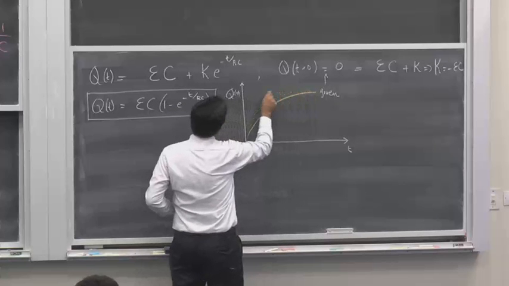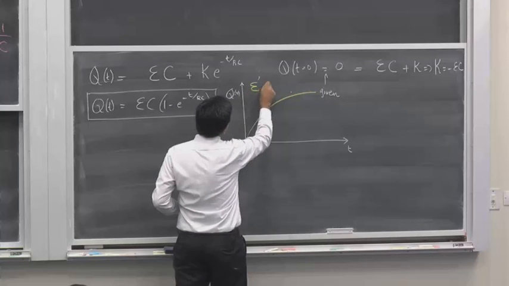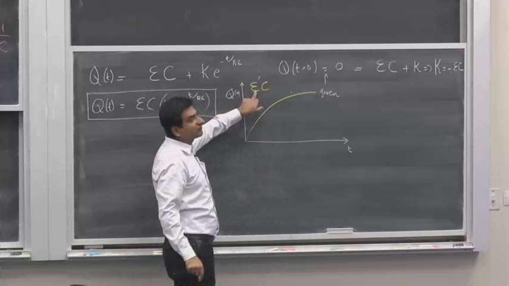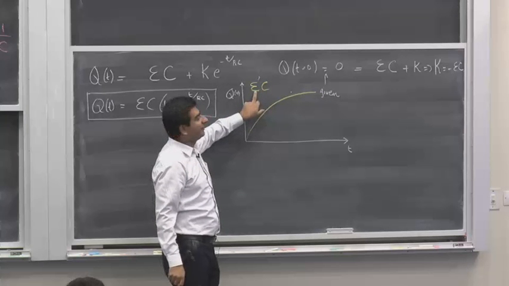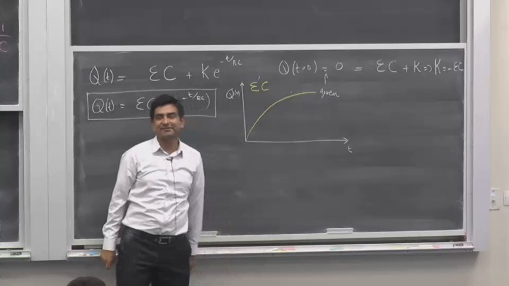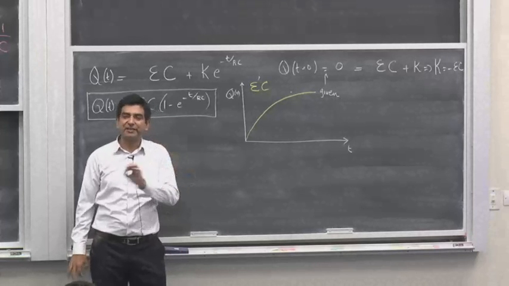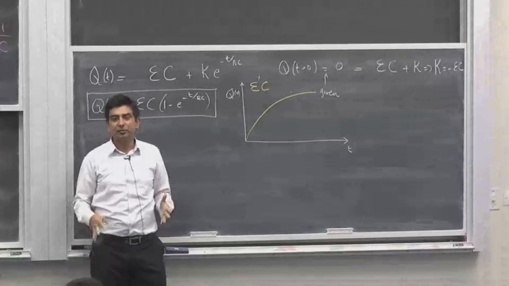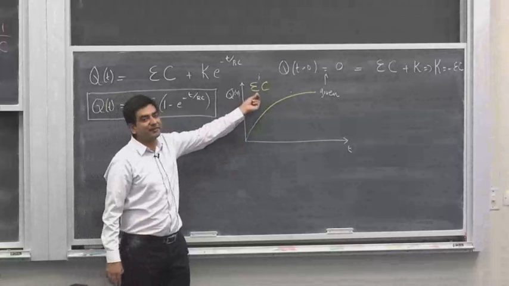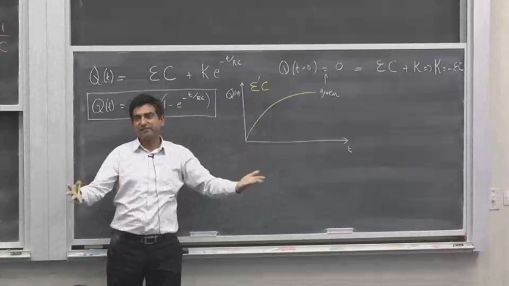That value is given by EC, which is the EMF of the battery times the capacitance. So the maximum charge that this capacitor can hold equals the EMF of the battery in volts times the capacitance of the capacitor.